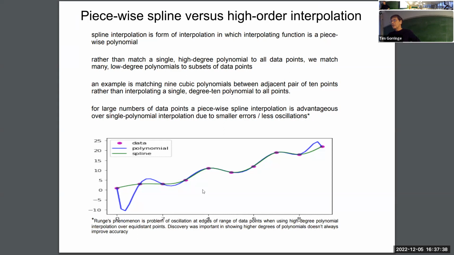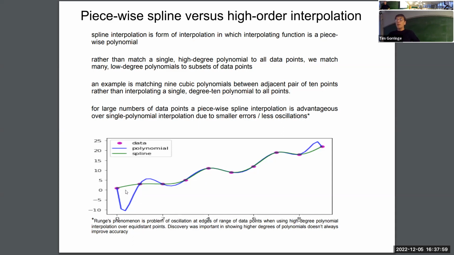And you see that over much of the range, the single high order polynomial and the low order piecewise splines both pass through the data points in a similar way.